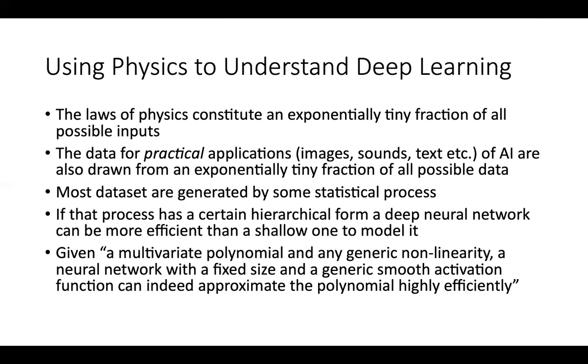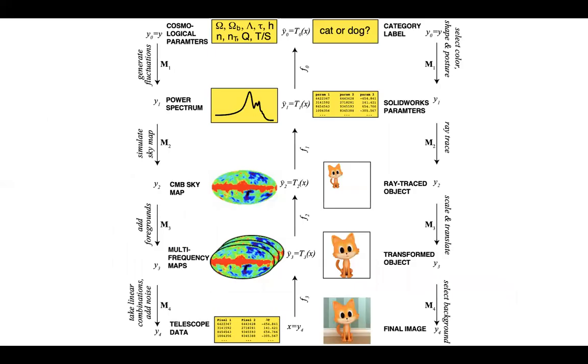And if these processes have a certain hierarchical form, then deep learning models are likely to be more efficient than shallow ones to model them. Their reasoning is that if we go from data to, say, very high level phenomena in physics, and at the corresponding level, this is of course a toy example on the right-hand side.